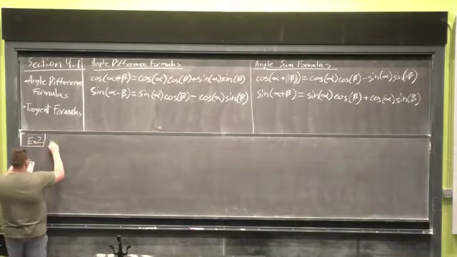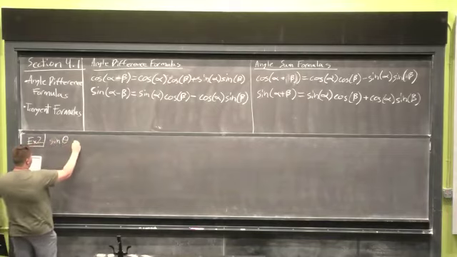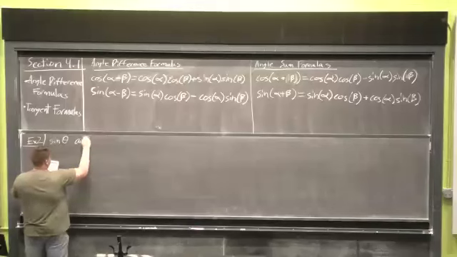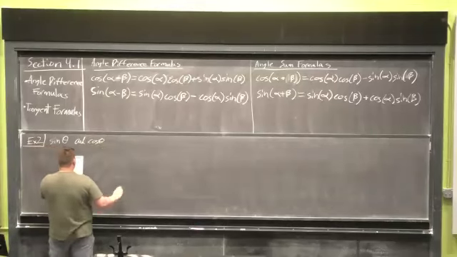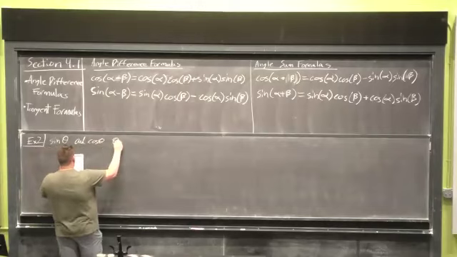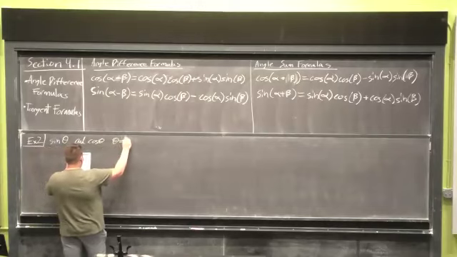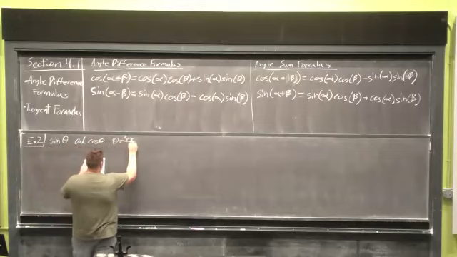So we want to find sine of some theta and cosine of some theta. We want to find the exact answer, and we have theta is equal to 5 pi over 6.